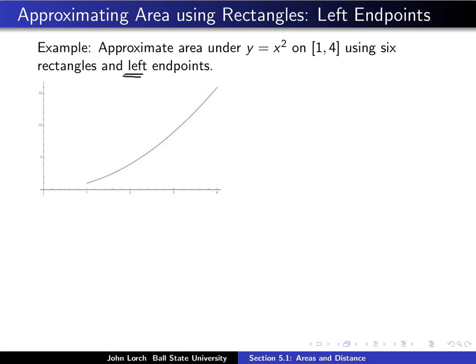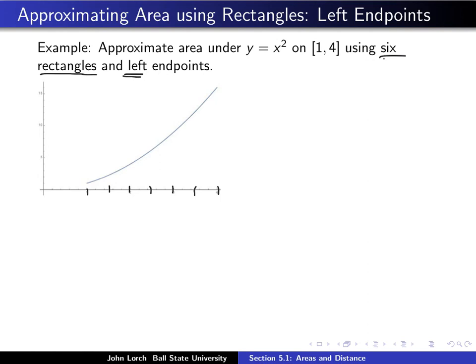Okay, well, we have these 6 rectangles that we want to form. And just as before, we take our interval, which goes from 1 to 4, and we want to split that up into 6 equal pieces. So we do that, and each one of those pieces is going to form the base of a rectangle.